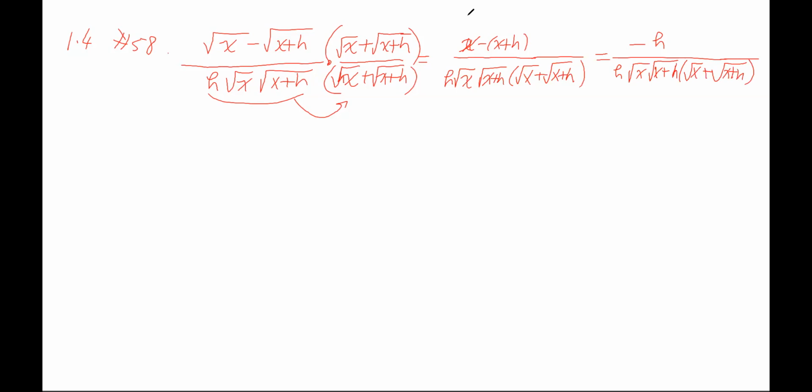Now, after you clear the h, you should also notice that if you multiply this guy into each of these terms, you actually have a little bit simpler look of the denominator.